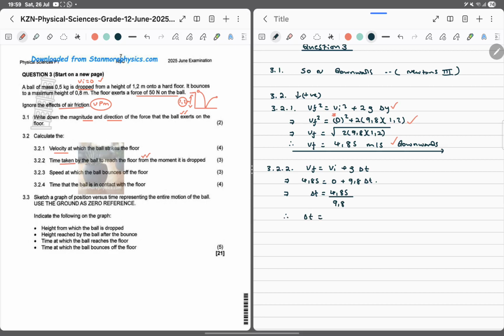So our time is going to be what we have there. So it's 4,85 divided by 9,8. We get to 2 decimal places 0,49 seconds. I often put my S in brackets because I always feel it looks like a 5.